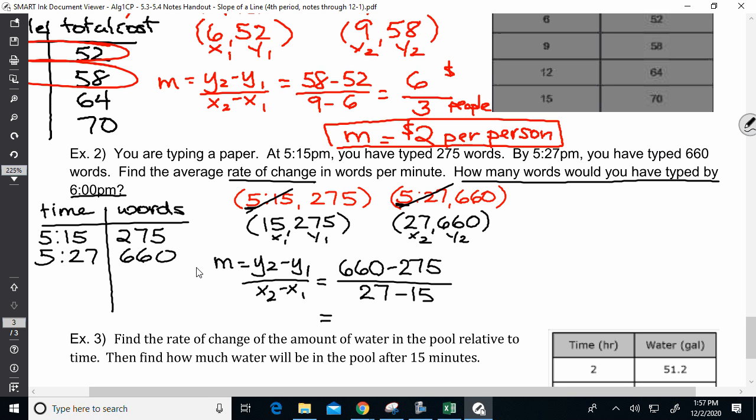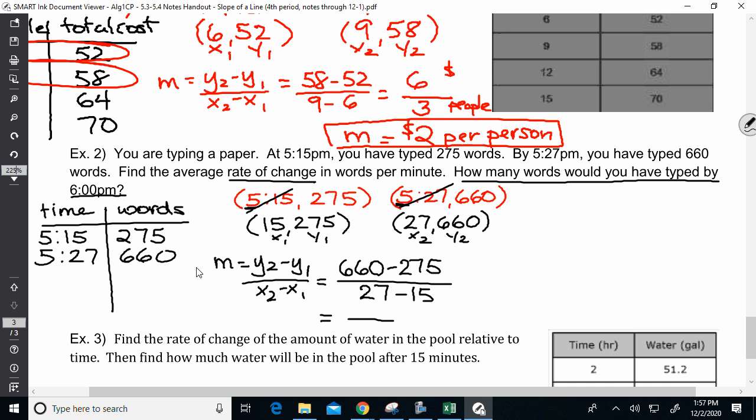Perfect setup. So let's keep solving it out. If we work out the top, what do we get? What number would be at the top? 385. You said 385? Yes.